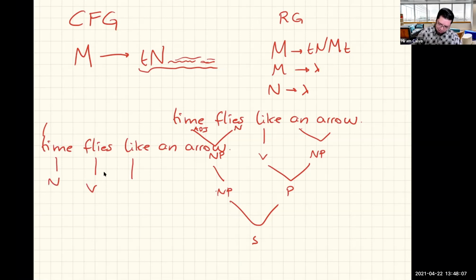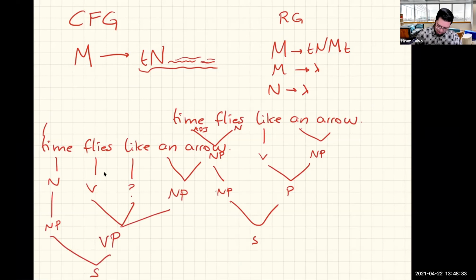What is like here? This is the NP, and this is flies, like. I don't know if someone can help me with likes, but it's something like this. So these three are the predicate, and this is an NP, a VP, and this is a sentence. Sorry for not knowing what it's like, but this translates into "el tiempo vuela como una flecha," which is the correct interpretation.